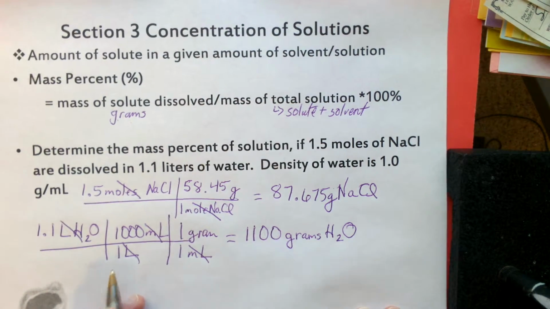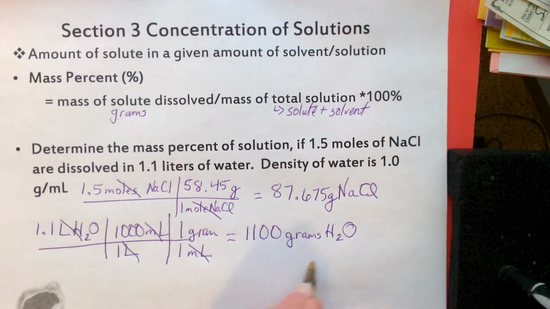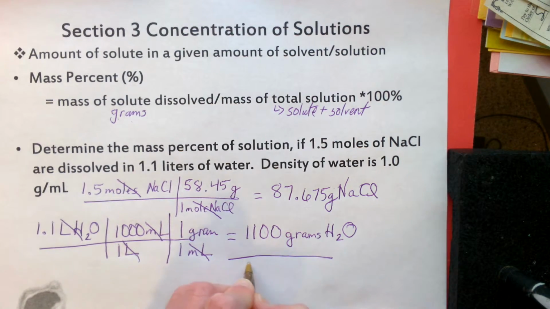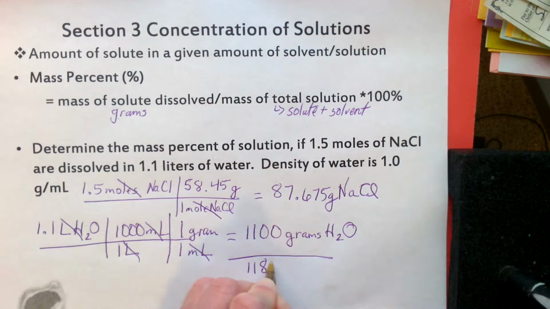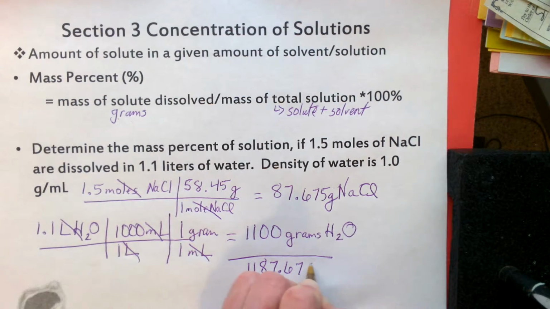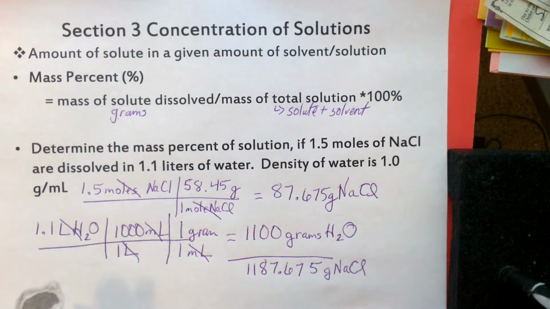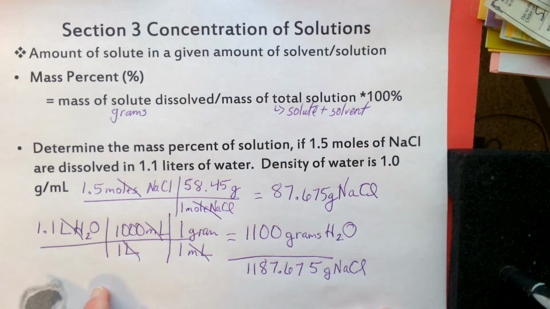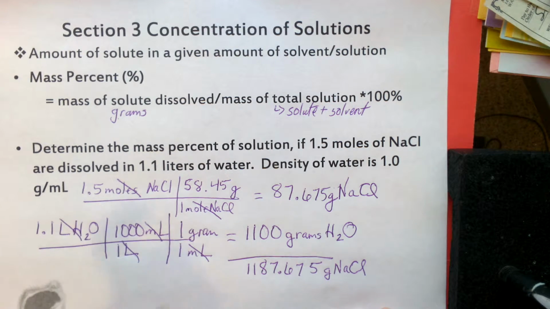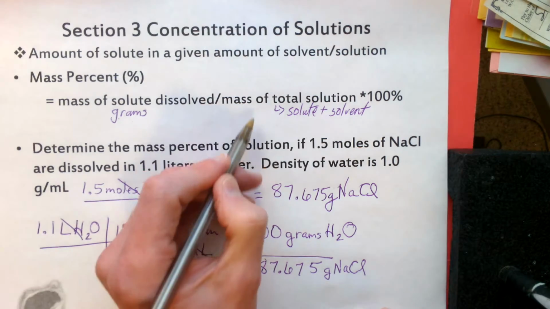Now our total mass, let's just add these together. We have 1,187.675. Again, I'm carrying some extra sig figs because I don't want to round off until the very end. That's your total mass.